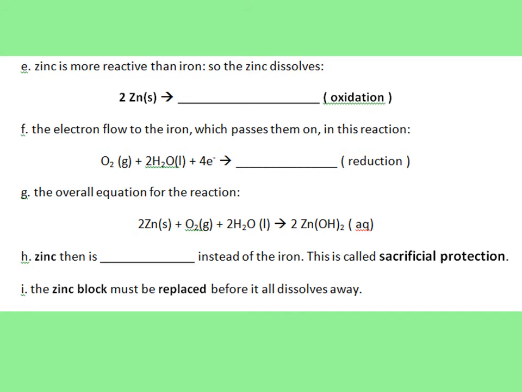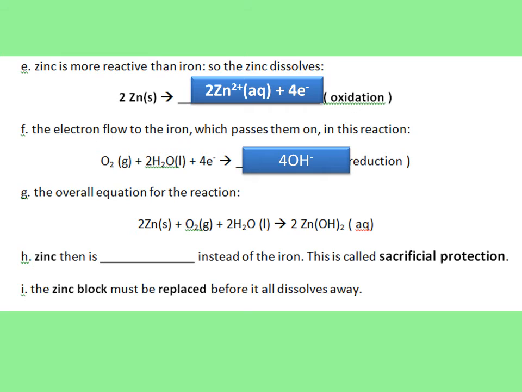Zinc is more reactive than iron, so zinc will dissolve and give out electron. So the electron will be received by the water and oxygen. Okay, the electron flows to iron, which will pass them on in this reaction. So hydroxide will be produced, zinc hydroxide will be produced. So G, that is the overall reaction.